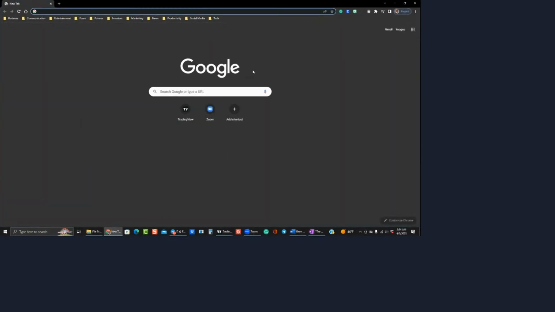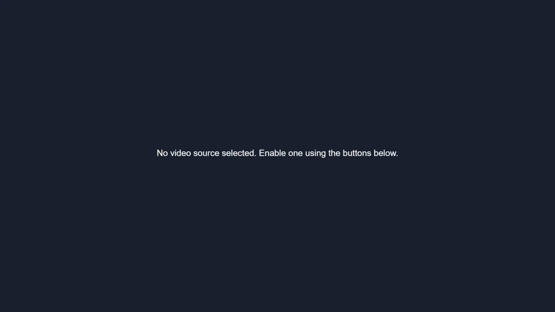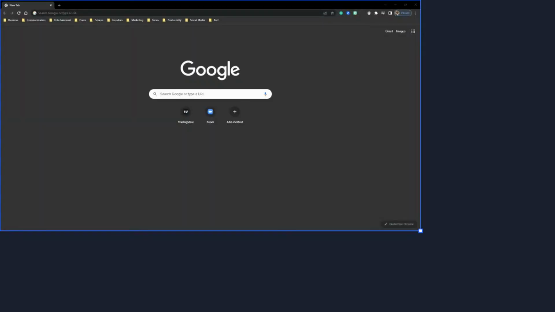Why is it doing that? For some reason on my end it's not showing full screen.